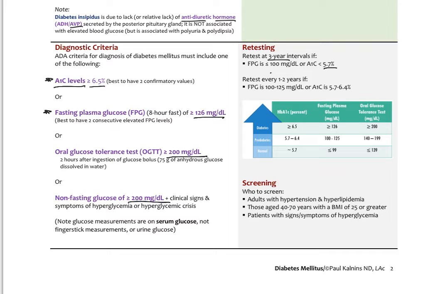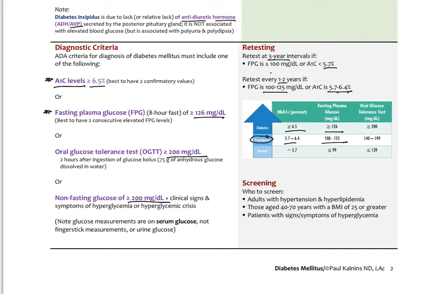Generally, we retest every 1 to 2 years if the fasting blood glucose is 100 to 125 or the A1C is between 5.7 and 6.4. These are important numbers. That essentially is what we call prediabetes. So prediabetes is A1C between 5.7 and 6.4 or a fasting plasma glucose of 100 to 125. So keep those numbers in mind. But as soon as we get to an A1C of 6.5 or over, or a fasting blood glucose equal to or over 126, then we have actual diabetes.